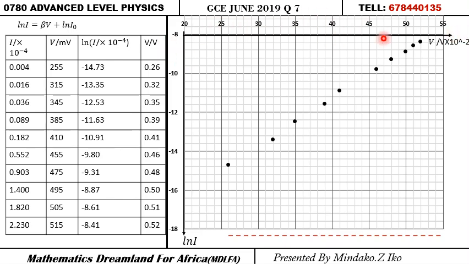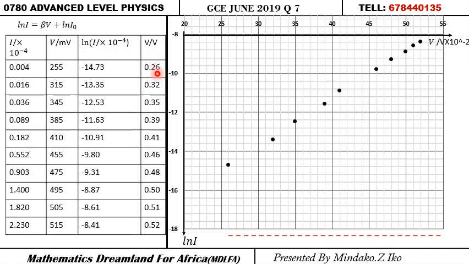You can equally include it here, but just to economize space. You can draw another column here and put V times 10 to the minus 2. So when the vertical axis is negative 14.7, my horizontal axis is 26.